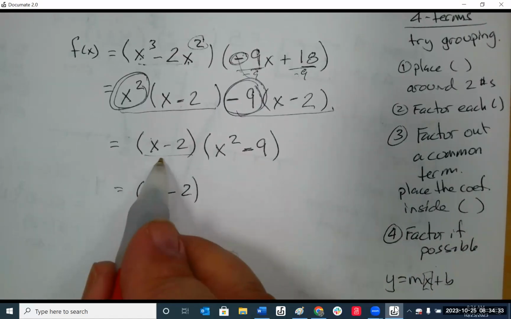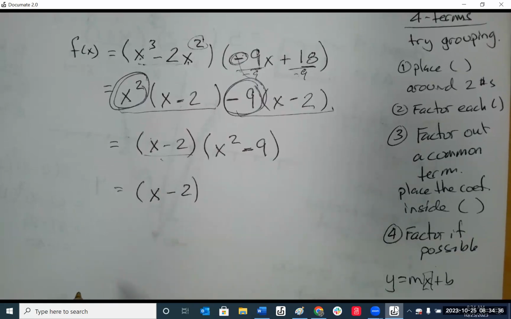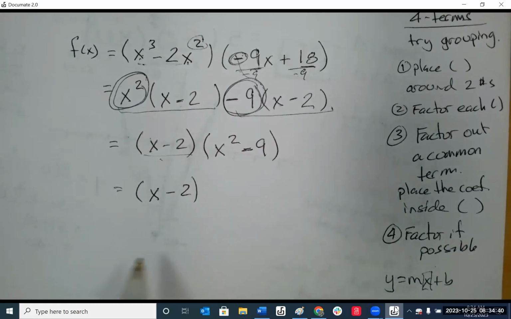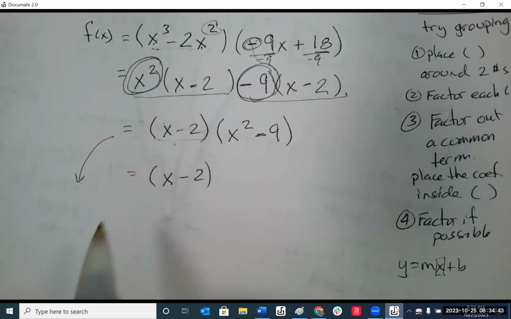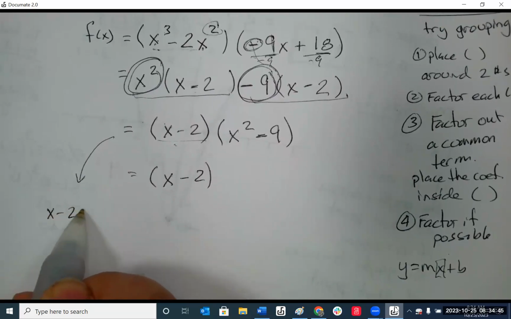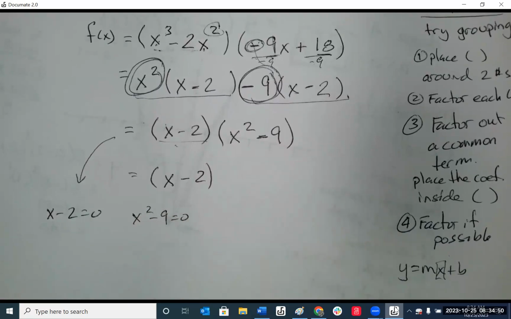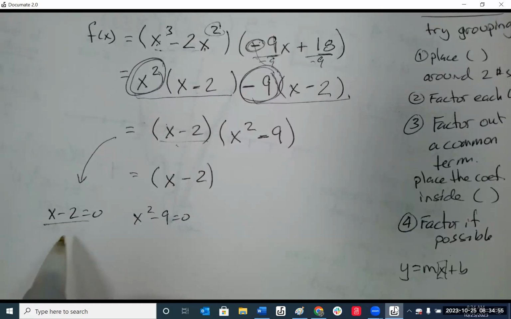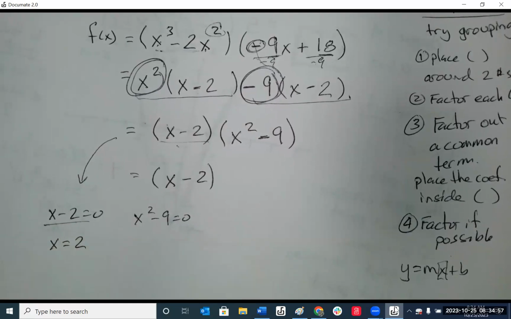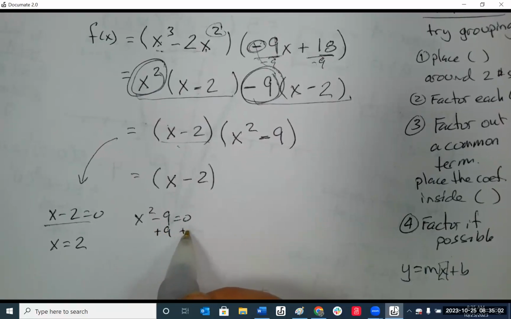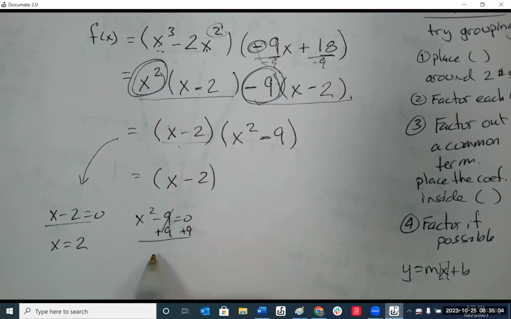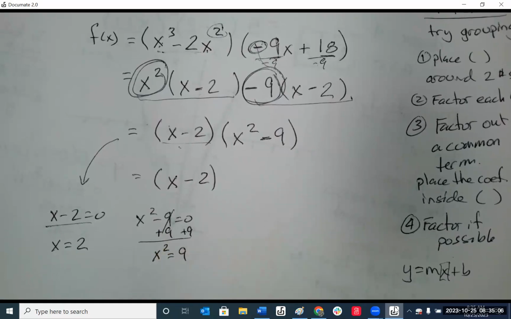Actually, at this point, you could set them both equal to 0 and solve. It may be easier instead of memorizing all the rules. Because if we just went from here and set them both equal to 0, our answers would be x equals 2. Add 9 to both sides. So we have x squared equals 9.